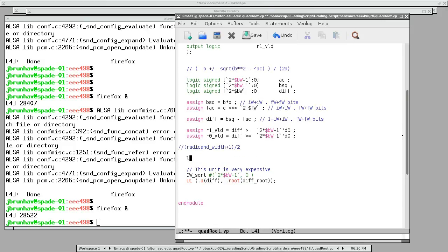So we're going to logic signed. So it's bit width. So it's 2 times bit width plus 2 divided by 2.